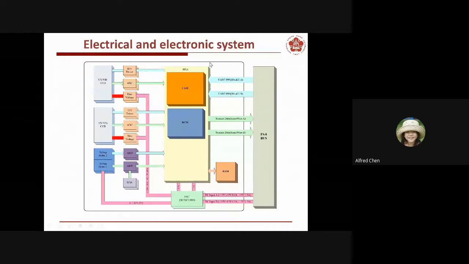So this is the system functional block diagram of the whole system. So you can find here, this is the main parts of the SPU. We have an FPGA and we also have a processor to do the data compression modules and the camera control unit. And then we also equip it with magnetic MRAM as the storage area.